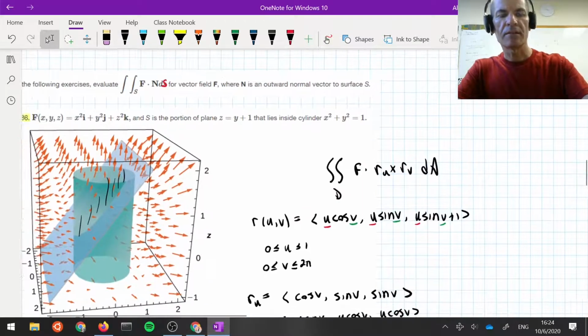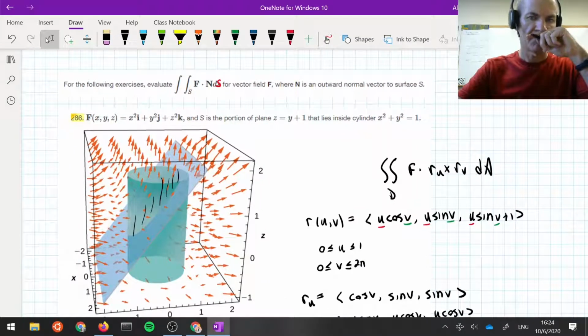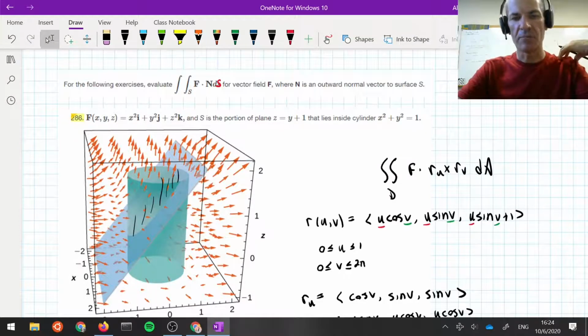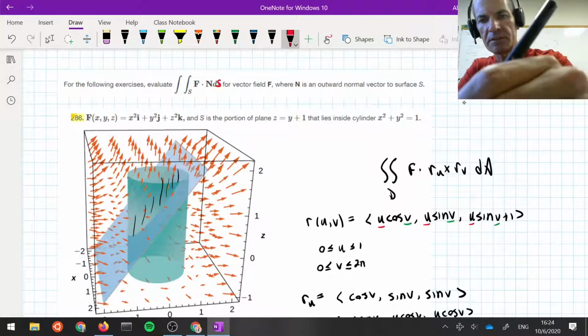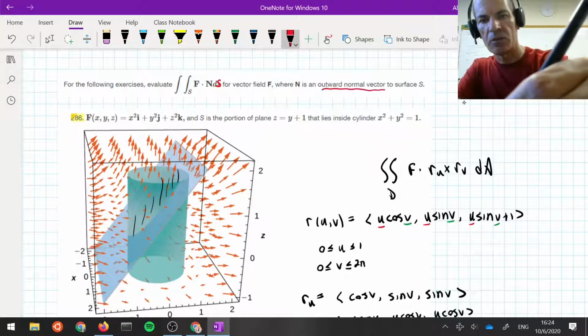Now, one thing that's lacking here, and in fact this is another typo which I haven't reported to the book, so many typos in this section, is the outward normal vector.